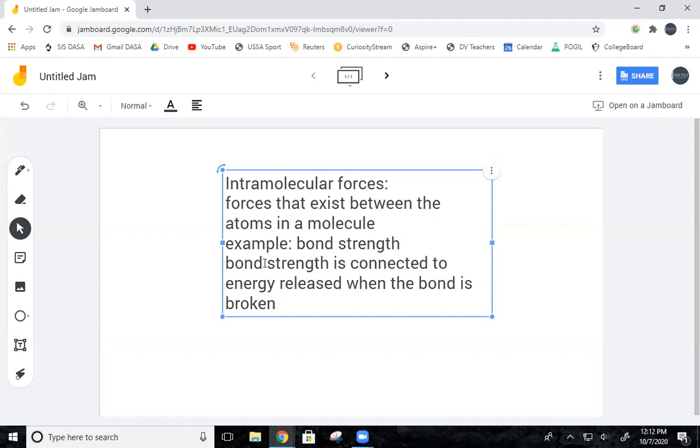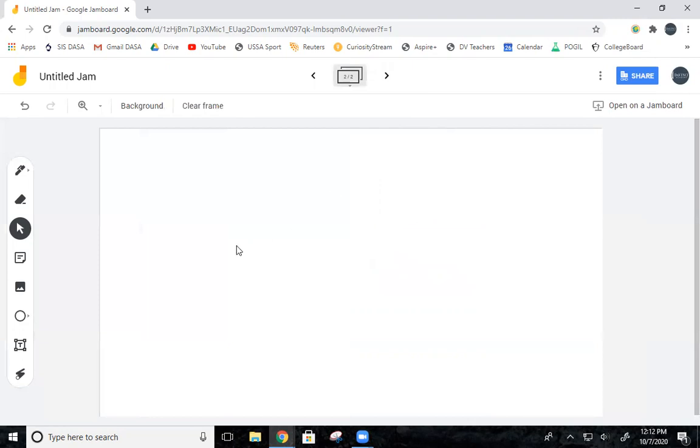So, for instance, if we have a high energy bond, okay, so we'll make a graph here.